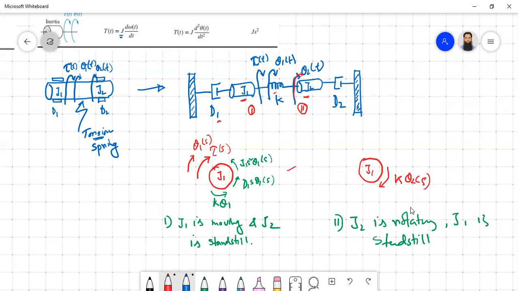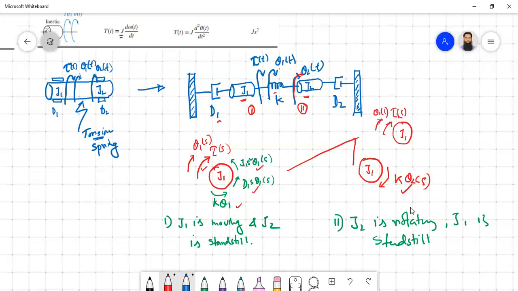Now, if you combine these two, on a single body you will have 3 torques, and this one will be added together, and that has to be subtracted from the other 3, because we have the summation of all the forces. So on J1, we are now applying superposition. This is your tau s, this is your theta 1s.